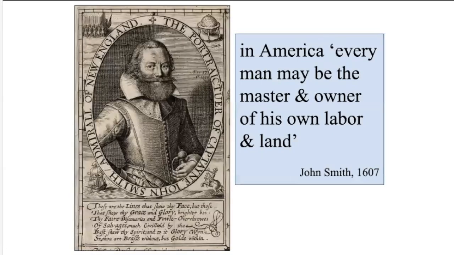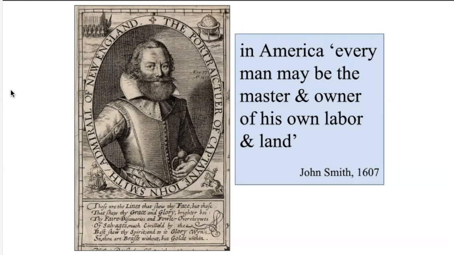All of these factors, enclosure, primogeniture, the equation of land with power, and the concentration of land in fewer and fewer hands, meant that colonizing the so-called New World appealed to many different types of English people, from the most impoverished to aristocratic but impecunious, meaning without money, younger sons.